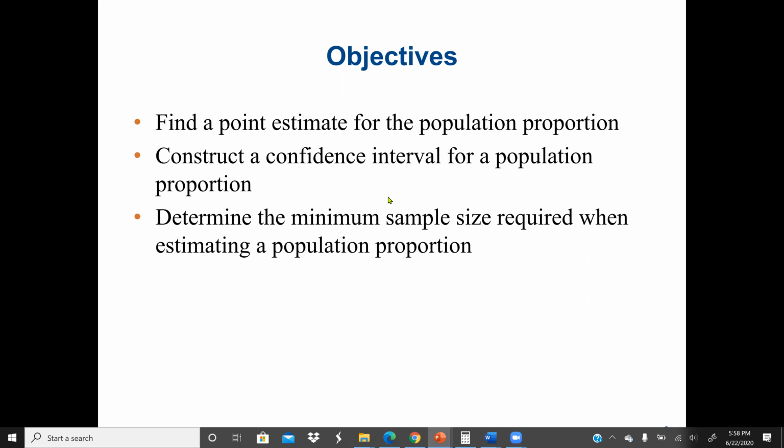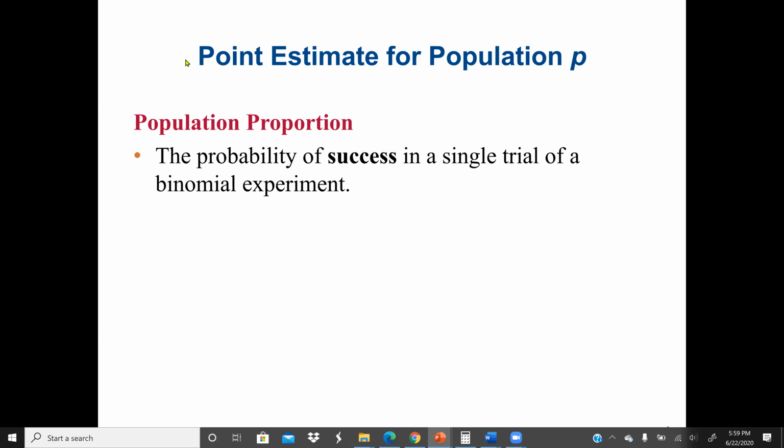Then we add it to and subtract it from the point estimate, and that gives us the confidence interval. So the confidence interval is normally the sample mean plus or minus the margin of error. So let's start with the proportion.